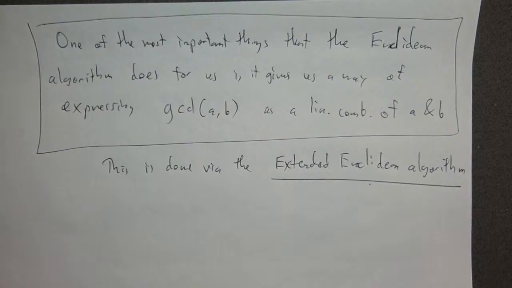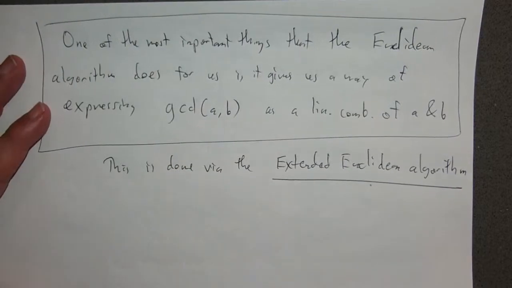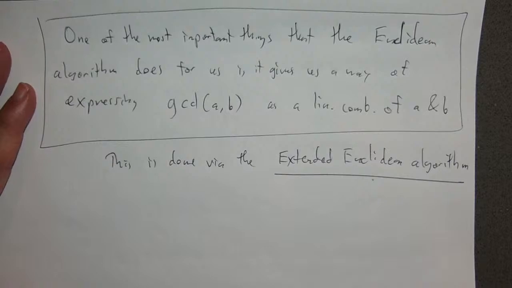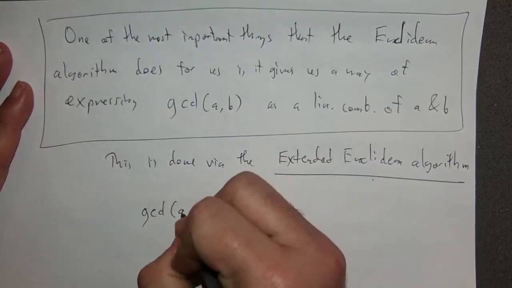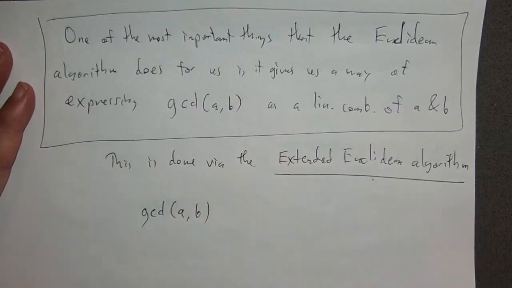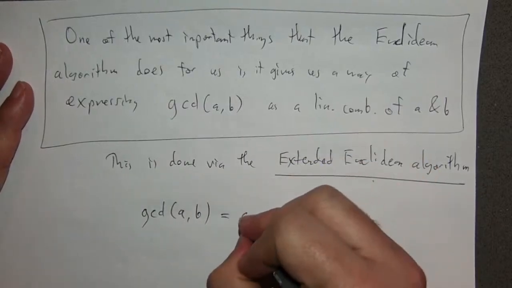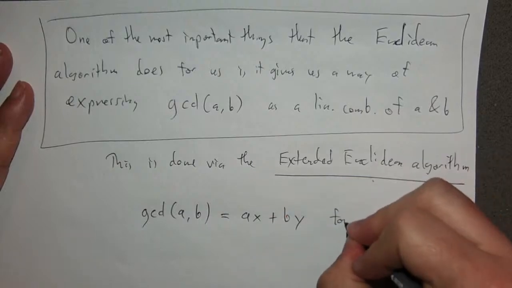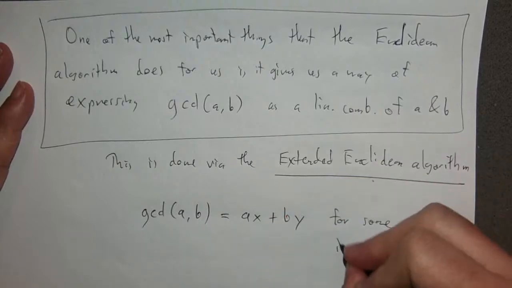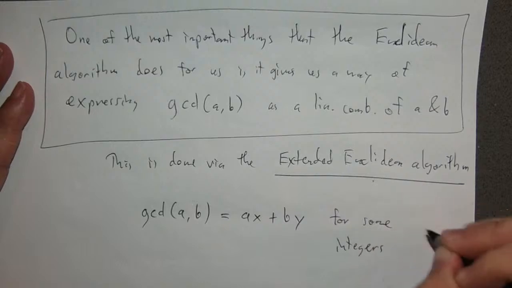Okay, so what is it that we want to do? What I'm trying to convey is that we can express the GCD of two numbers a and b as ax plus by for some integers x and y.